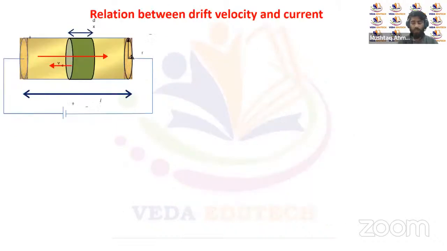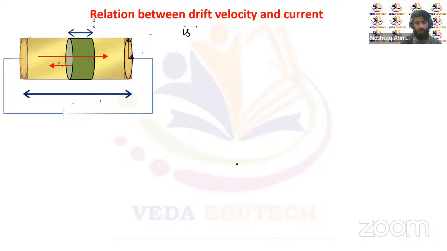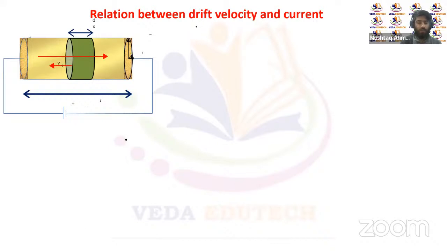So let's move on to the next concept: the relation between drift velocity and the current. Let's suppose that n is the number density of a conductor.